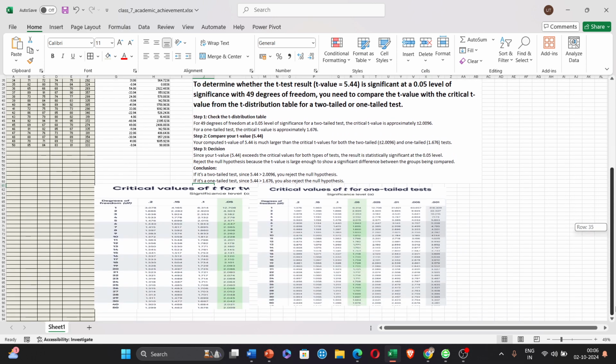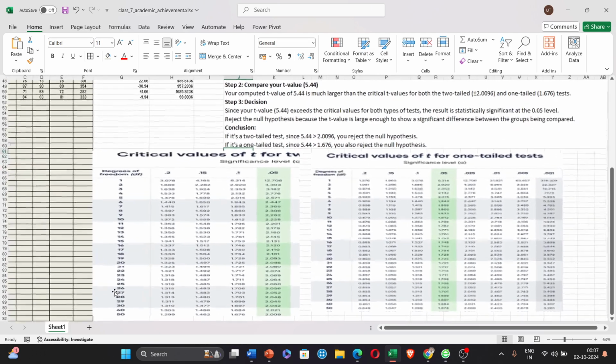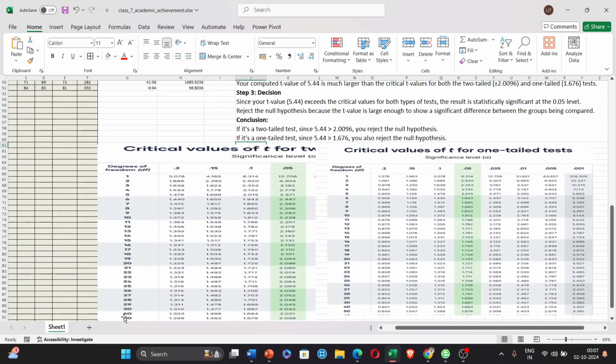There are two tables here. One is for the two tail test, another is for the one tail test. In the two tail test, you can see this is the 0.05 level. Here it is 50, so 49 is approximately 50 degrees of freedom.